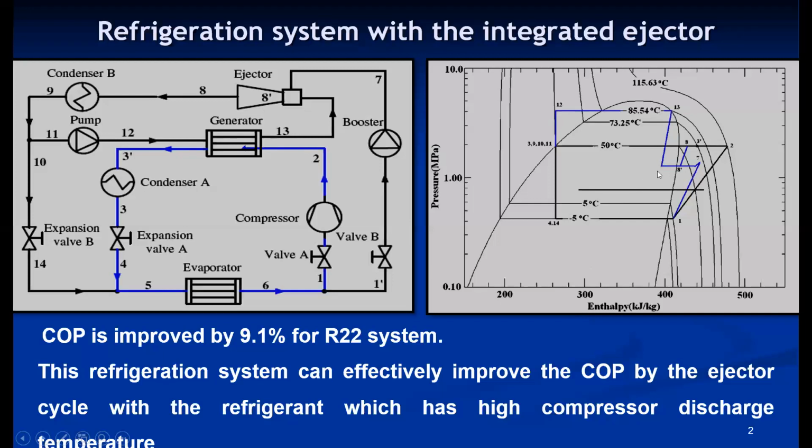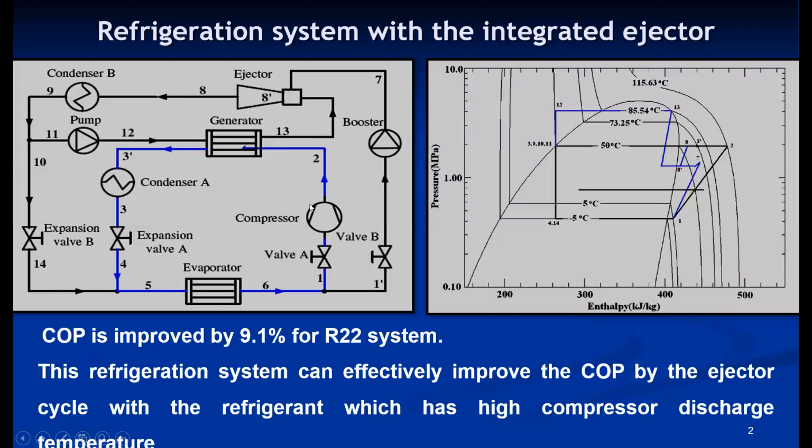So this is the basic thermodynamic cycle of the refrigeration system with integrated ejector. Here, the main role of the ejector system is to improve the performance of the refrigeration system. It uses the waste heat of the refrigeration system, and based on that waste heat, it works. Generally, this system is suitable for high discharge temperature refrigerants because the heat required in the generator is more.